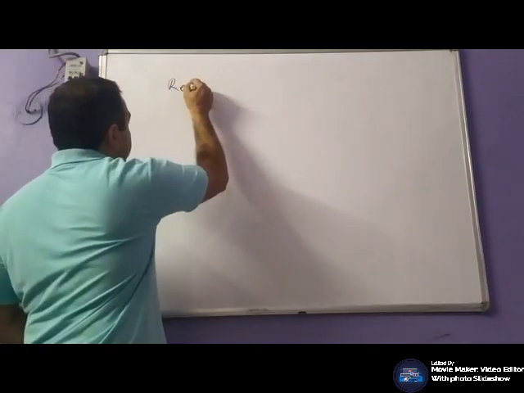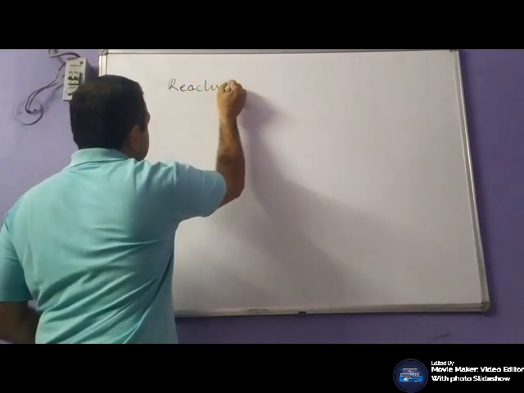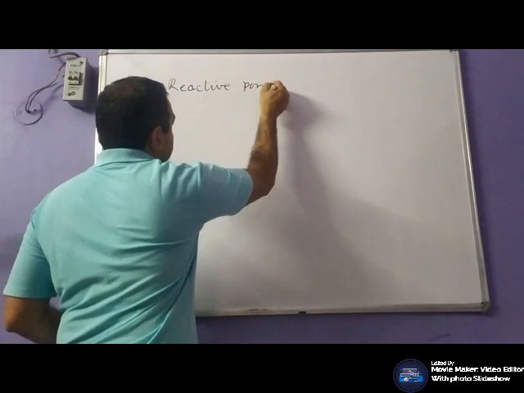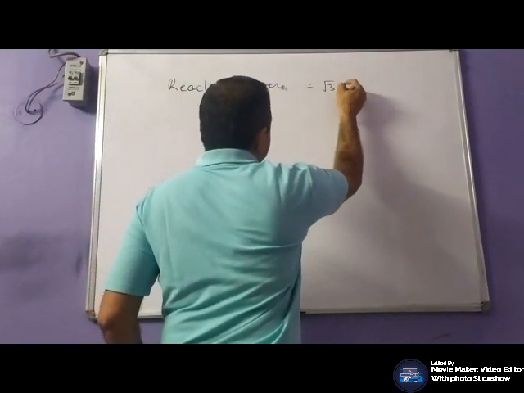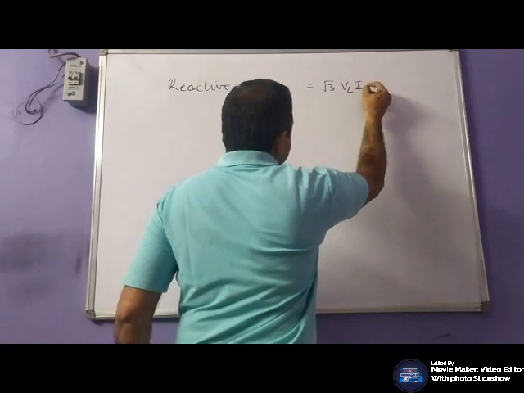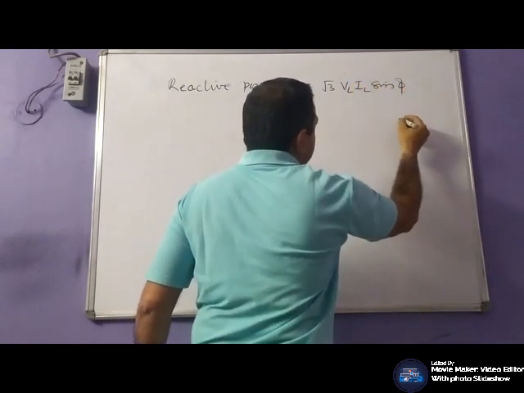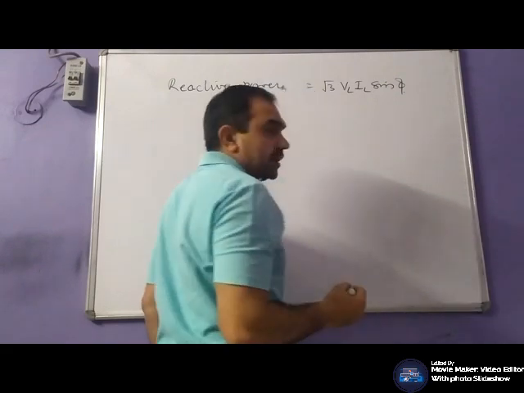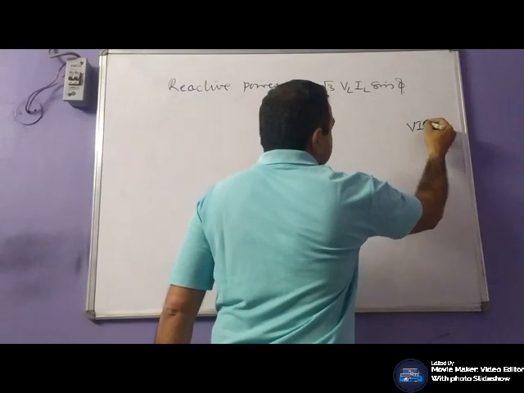Reactive power in three-phase system is given by root 3 VL IL sine of phi. Likewise, your reactive power in case of single phase system was given by VI sine of phi.